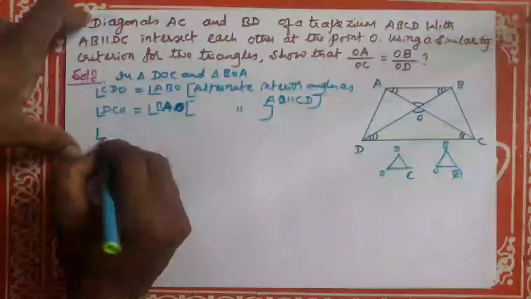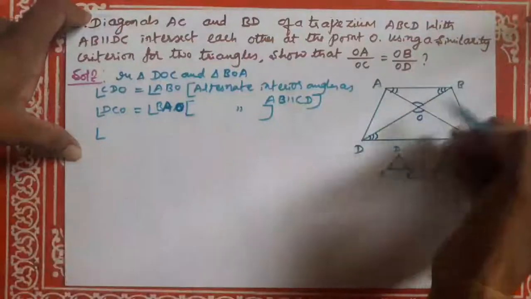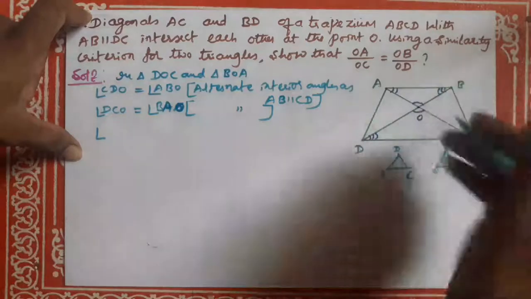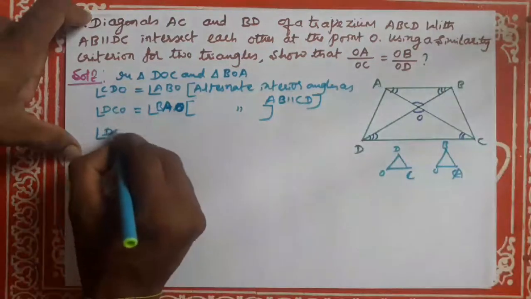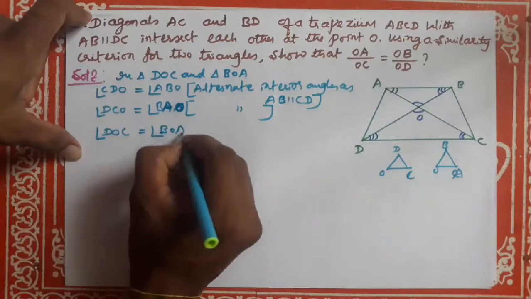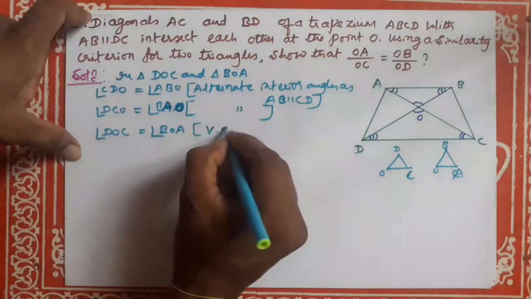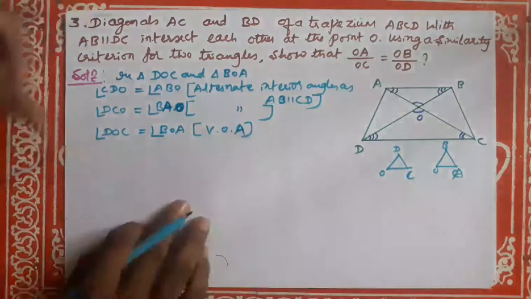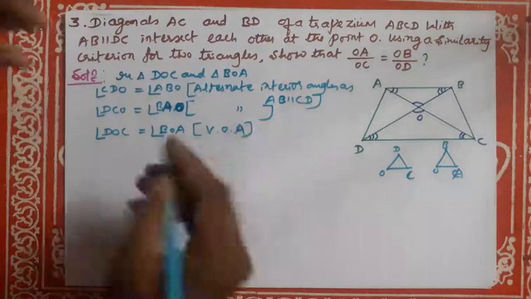Angle DOC is equal to angle BOA because vertically opposite angles are equal. We have to write vertically opposite angles.